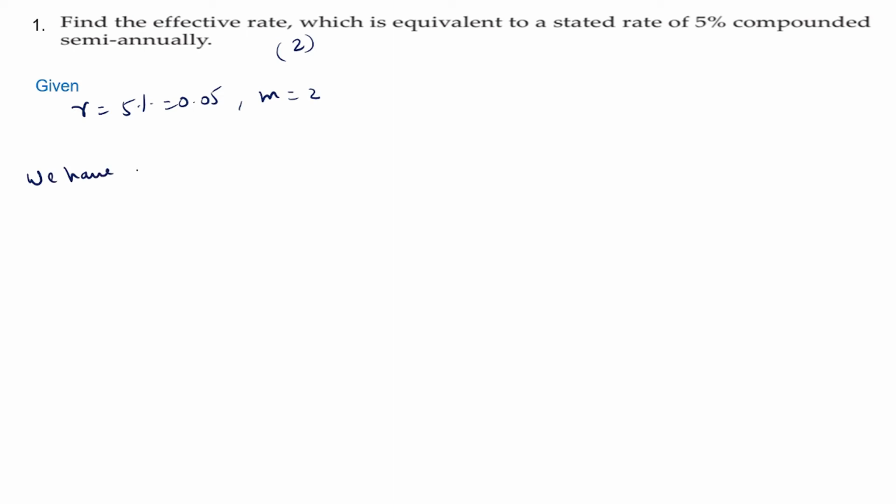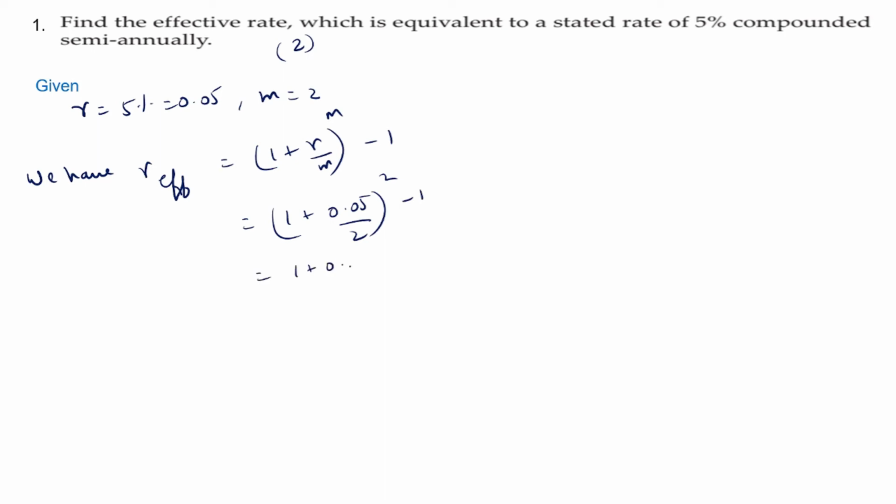We have R effective equal to 1 plus R by M the whole raised to M, minus 1. So it is 1 plus 0.05 by 2 the whole square minus 1. So it is 1 plus 0.025 the whole square minus 1, that is 1.025 the whole square minus 1.